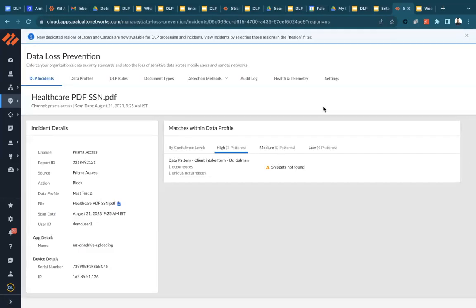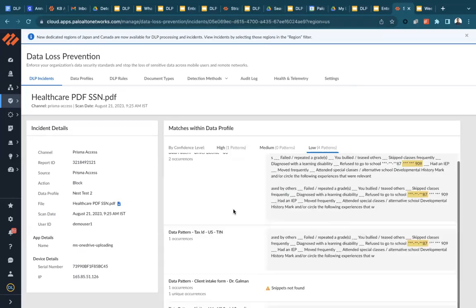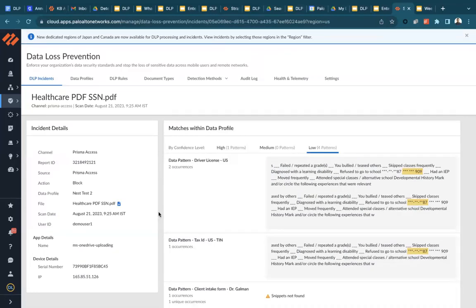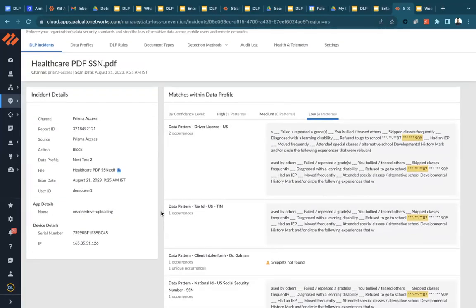If you're starting off with a DLP program and you want to capture the lowest hanging fruits to go fix your DLP posture, for example, I would recommend starting with high. And then on the low, because it's just a pattern-based match, you would have more matches that we have a little lesser degree of confidence about.